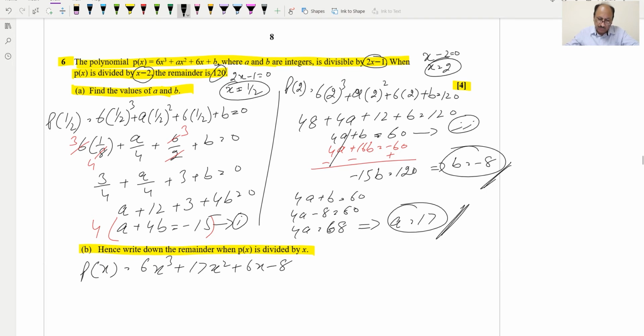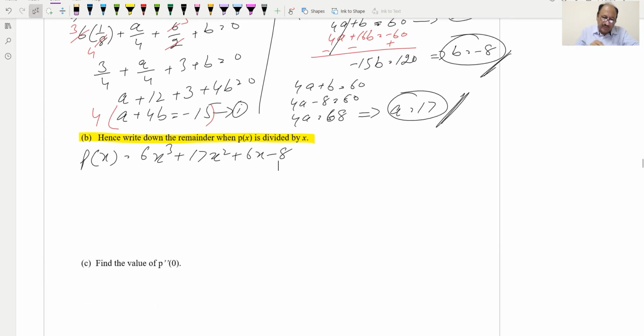Now if we divide everything by x, we will be getting this minus 8 as remainder. So directly we can write minus 8 as answer, or you can divide also. You can double check by division also.